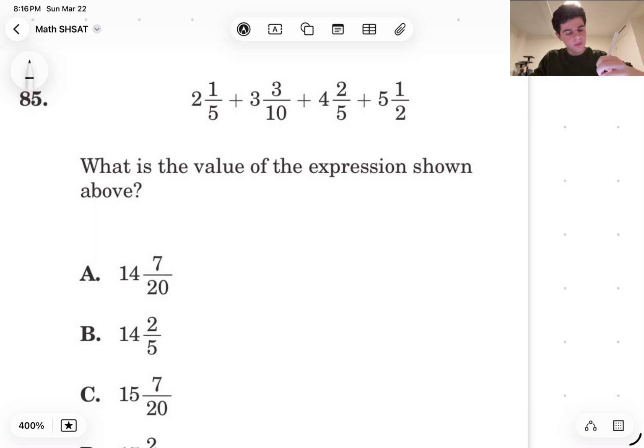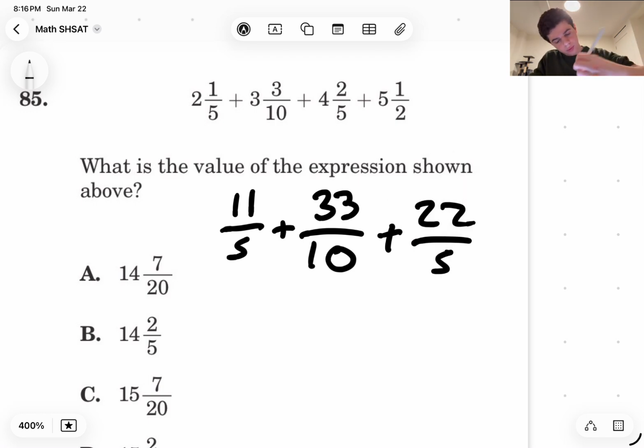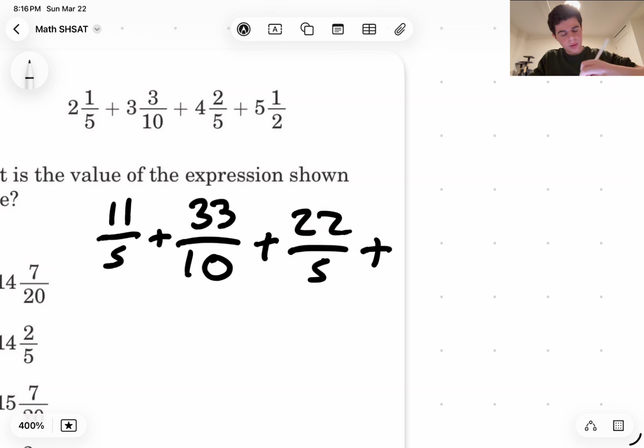So 2 and 1/5 is going to be 2 times 5 is 10, plus 1 is 11, so we're going to have 11/5, plus 3 times 10 is 30, 30 plus 3 is 33, so 33 over 10, plus 4 times 5 is 20, plus 2 is 22, so 22 over 5, plus 5 times 2 is 10, plus 1 is 11, so we have 11 over 2.